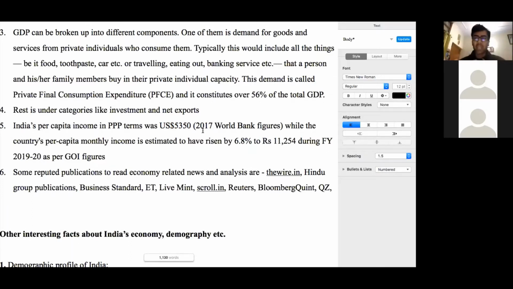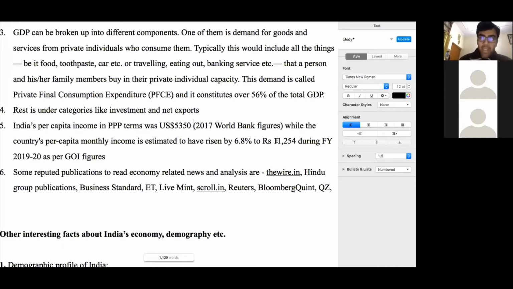So you can say it is between US dollars 5,500 and 6,000, depending on what India's GDP is in terms of purchasing power parity, and that also depends on the exchange rate. But it is somewhere around US dollar 6,000. It has not crossed that yet.